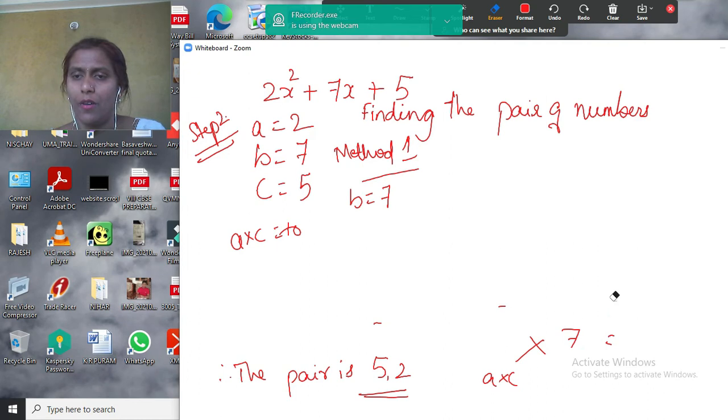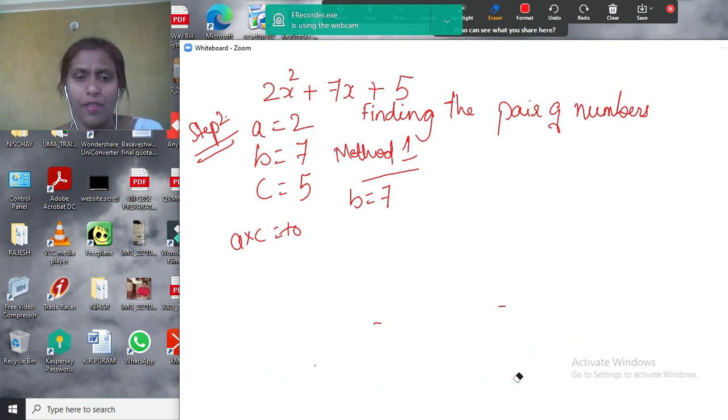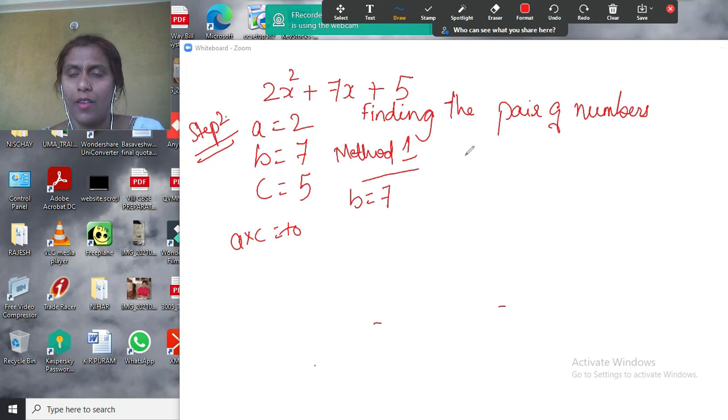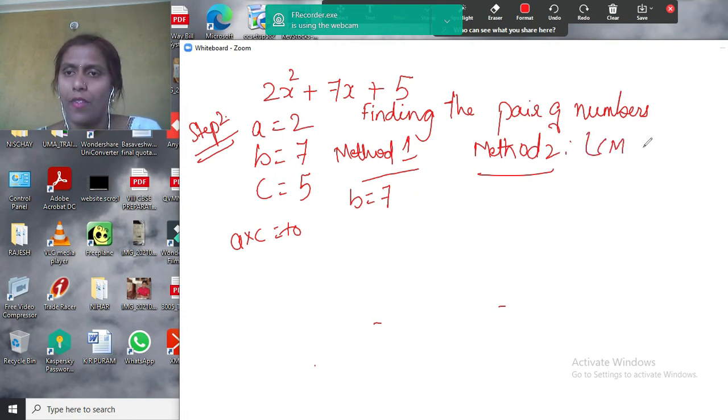All right, so here I'm doing that work. Method 2, the LCM method. For what should I take LCM? For a into c.